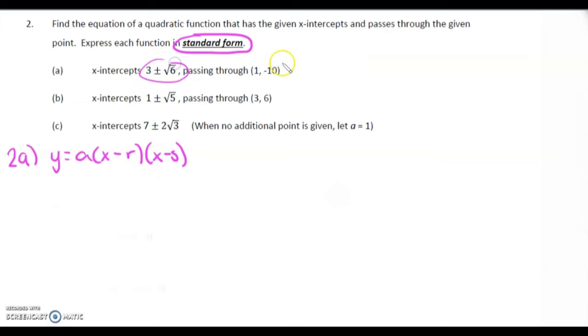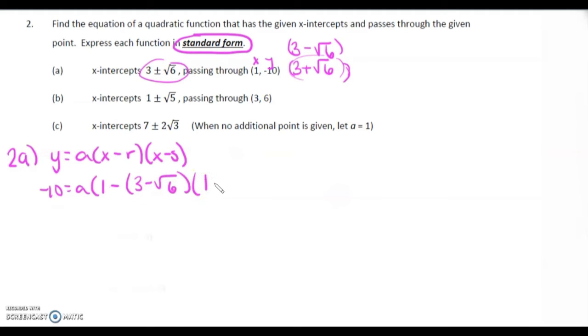So the two factors here are 3 plus root 6 and 3 minus root 6. When we write those in, keep them in brackets because we're treating this as one full number. And then this is x and y. So I get negative 10 equals A(1 minus (3 minus root 6))(1 minus (3 plus root 6)).